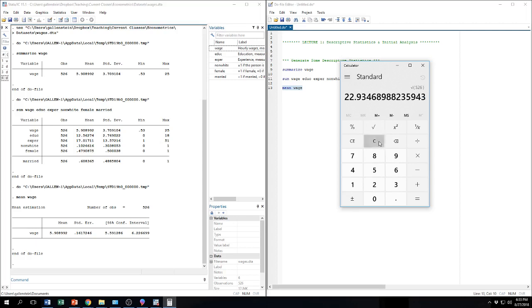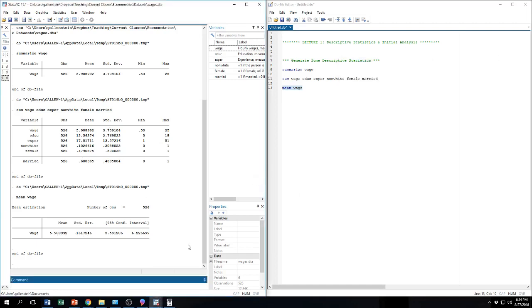All right, now let's go back. 3.71 divided by 22.93. And what does that give us? 0.1617. There you have it. Standard error is the standard deviation divided by the square root of the population size, the sample size.